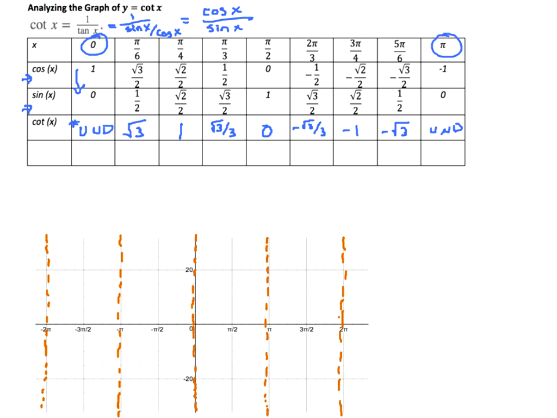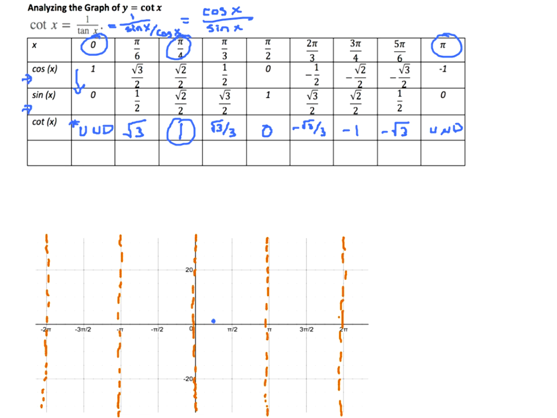All right. So let's put some easy key points on here. We have pi over 4, 1 is pretty easy. Halfway between 0 and pi over 2 is pi over 4. Now these are counting in 5, so it's barely off of the x-axis there.